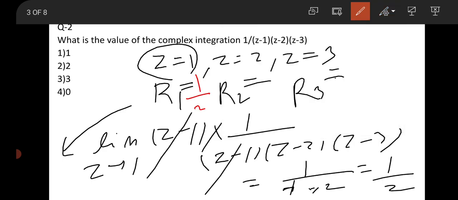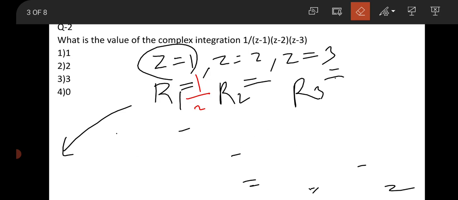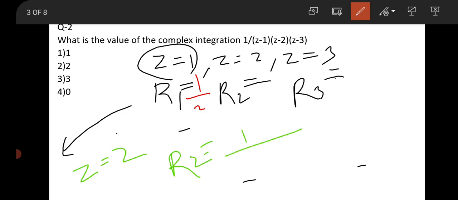Now erase this portion due to insufficient space on the board. Similarly we calculate the residue for z equal to 2. The residue r2 will be 1 by 1 into -1, so this will be -1. I follow the same method as for the first.